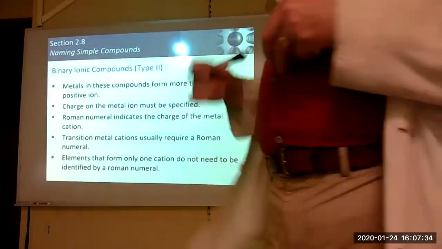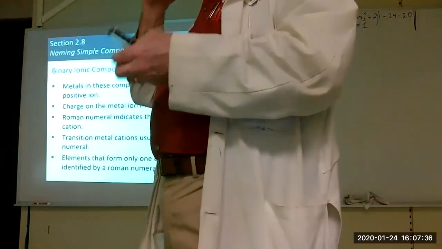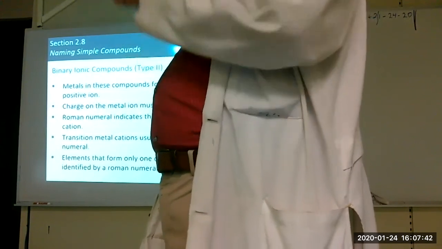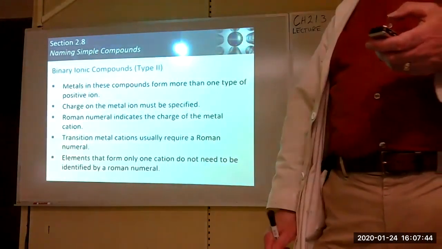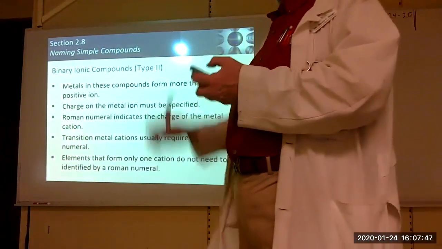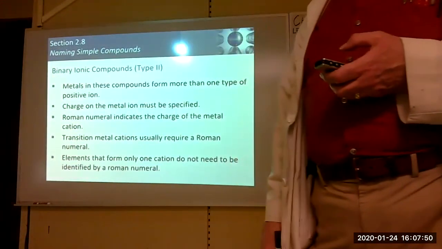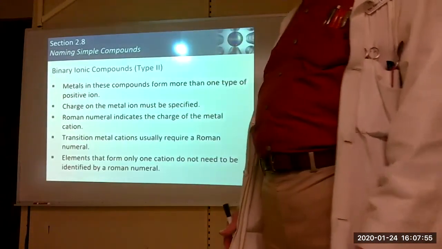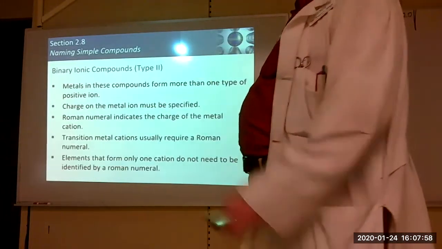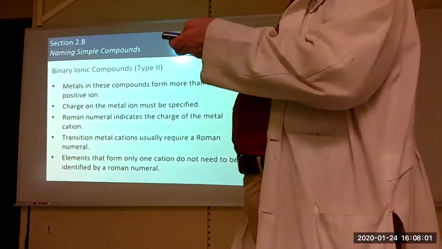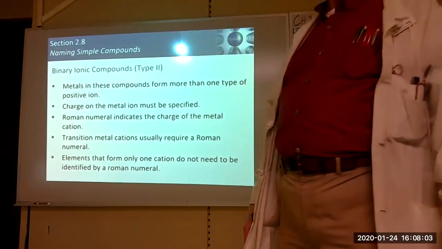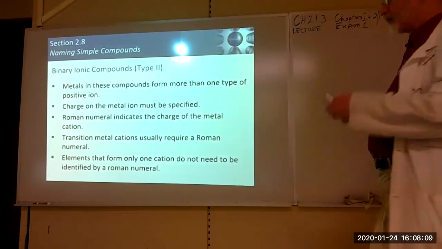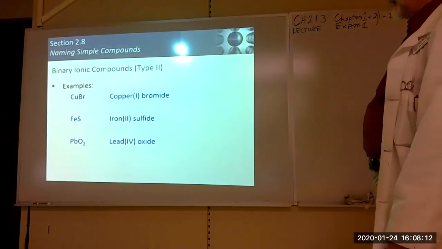But rather than make you know the difference between the two, I just say if it's a transition metal and you write it as, say, silver chloride, AgCl, without the 1 in there, I'll accept it. Because technically, there's only 1 possible charge, so it's a type 1 compound. But since it's come from the transition metals, you could say Ag1, silver 1 chloride, if you want. Okay.